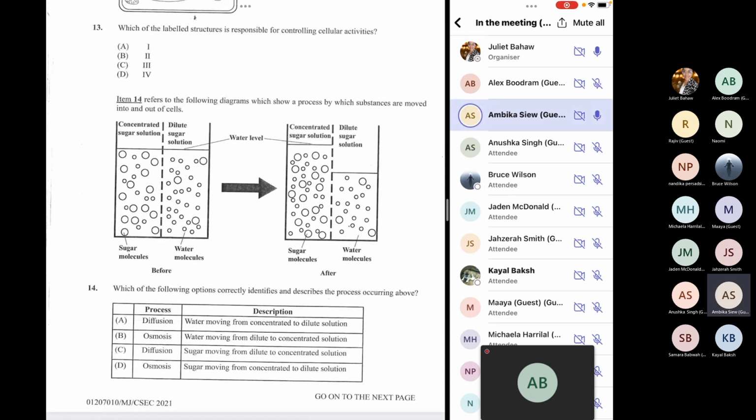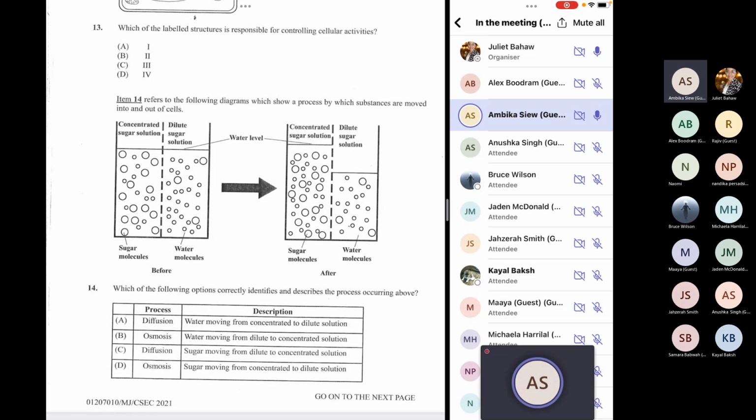Which of the following options correctly identifies and describes the process occurring above? B. Very good. So this is something where you remember the terms. Concentrated sugar solution simply means it has more sugar than water. Dilute sugar solution means it has more water than sugar.